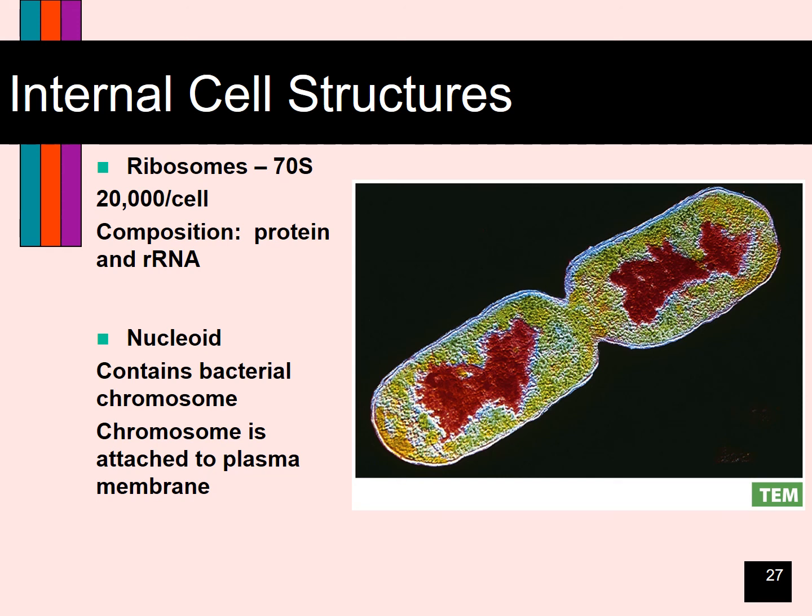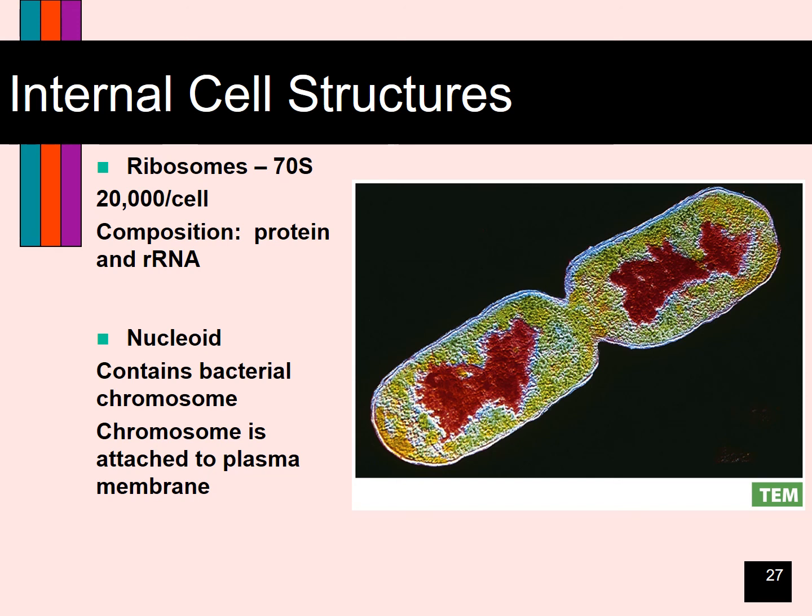The chromosome is actually attached to the plasma membrane, and when we talk about binary fission, we'll talk about how the chromosome is replicated as the cell is increasing in size and making plasma membrane and peptidoglycan and becoming longer.